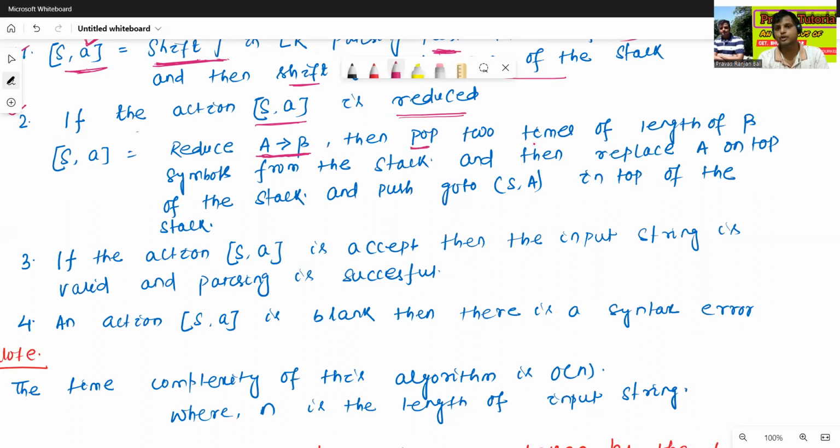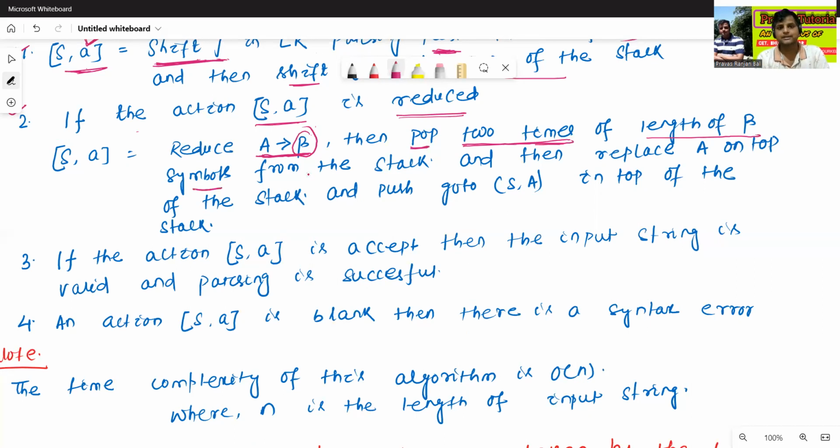Then pop 2 times the length of beta. This is very, very important. Pop 2 times the length of beta, meaning 2 times the RHS part.